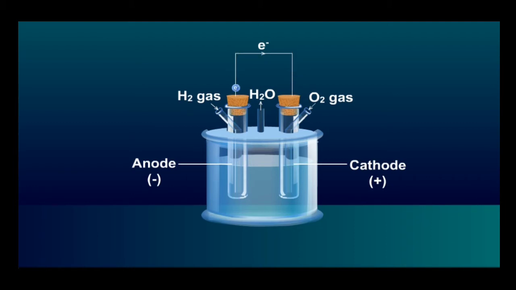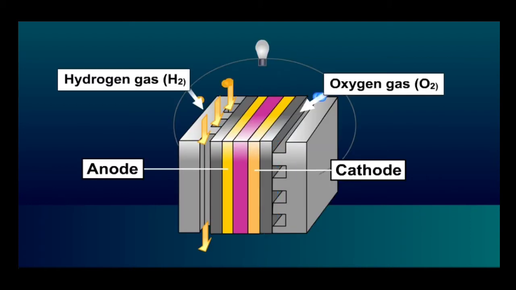However, the fuel hydrogen gas and the oxidizing agent oxygen gas do not react directly. Most of the chemical energy released in the formation of the O-H bond, that is the oxygen-hydrogen bond, is directly converted into electrical energy rather than the heat energy of the combustion reaction.